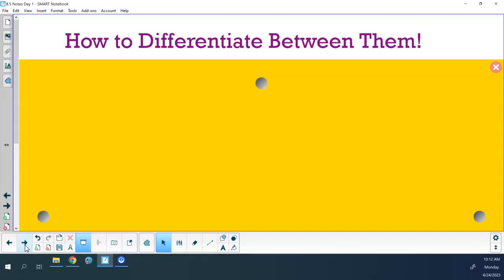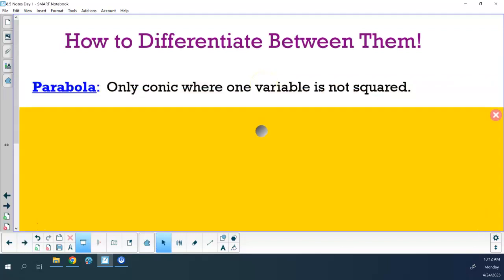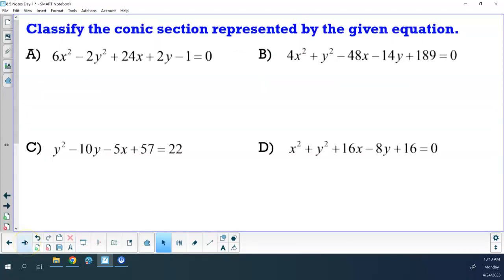First off, there's one easy one to differentiate, and that is the parabola. The parabola is the only conic that only has one squared variable. Every other conic has an x squared and a y squared. A parabola only has either x squared or y squared. When you're looking at an equation, the first thing you look at is the squared terms.